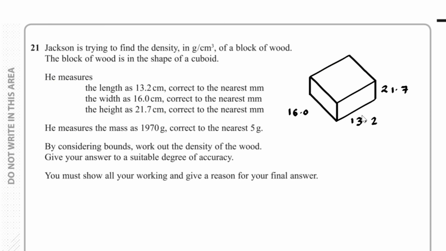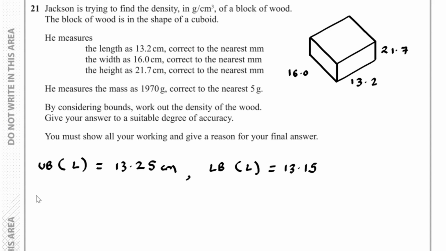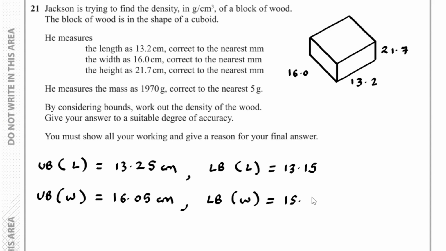What we can do is find the upper bound and the lower bounds of each of the dimensions. So the upper bound of the length is 13.25 and the lower bound of the length is 13.15. The upper bound of the width is 16.05 and the lower bound of the width is 15.95, and of course we've got centimeters.